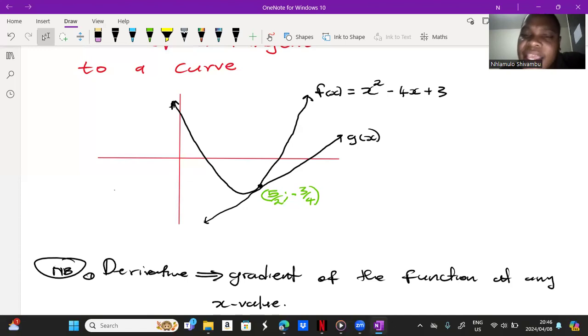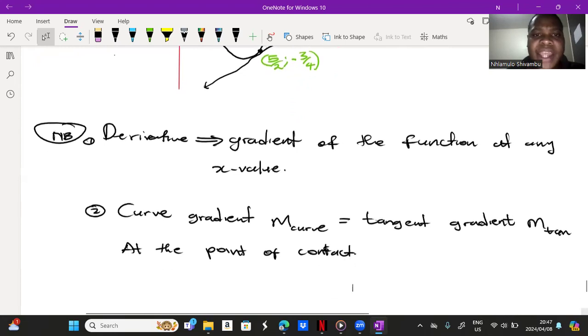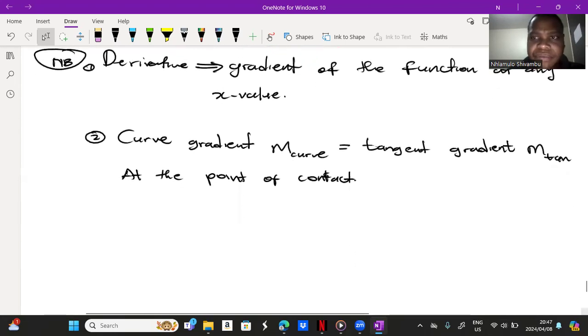And how do you get the gradient of the tangent? You use the gradient of the curve. That's that. Okay, so here, because we need to know the equation of the tangent, we need to get the gradient of the tangent. So we're going to get the gradient of the curve.